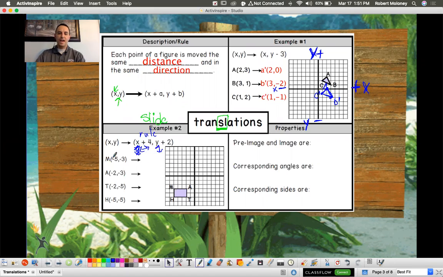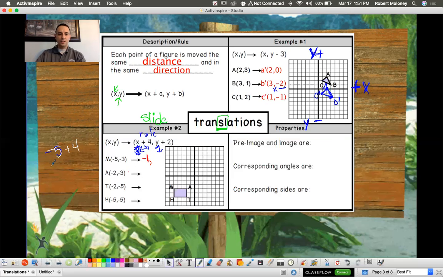So what I'm really going to do over here is go, okay, -5, let me change that color so you all can see better. -5 plus 4. What do I end up with? -1. Yeah, so my new coordinate for x is -1.